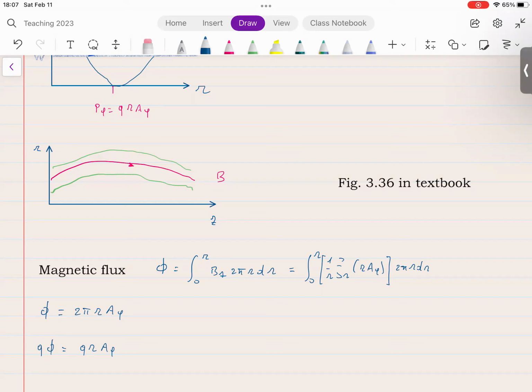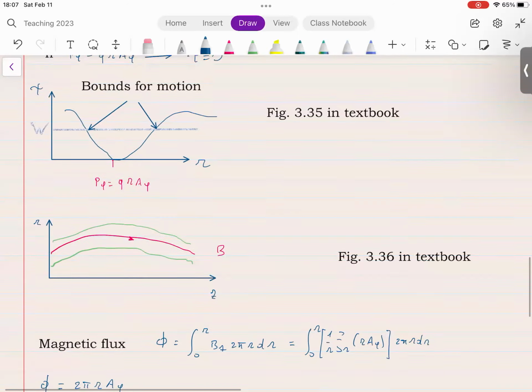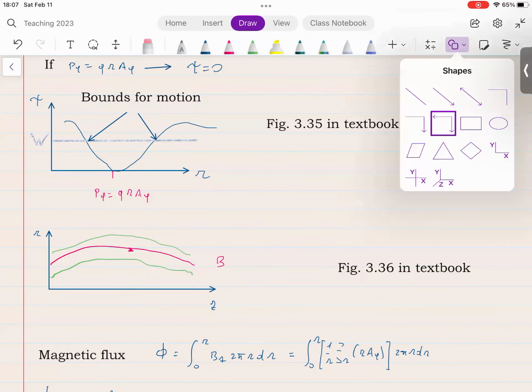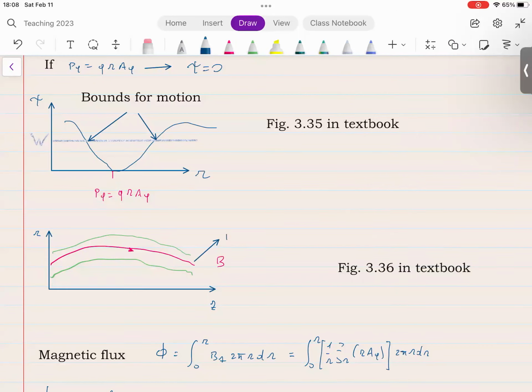Now, if my particle starts with an energy that is above the minimum of psi that I had here, exactly as in the sketch I have to reproduce in figure 3.35, then it's going to be able to move in a region that is around that value, p phi equal to q r a phi. And how far it can move is going to be determined by the value of W.